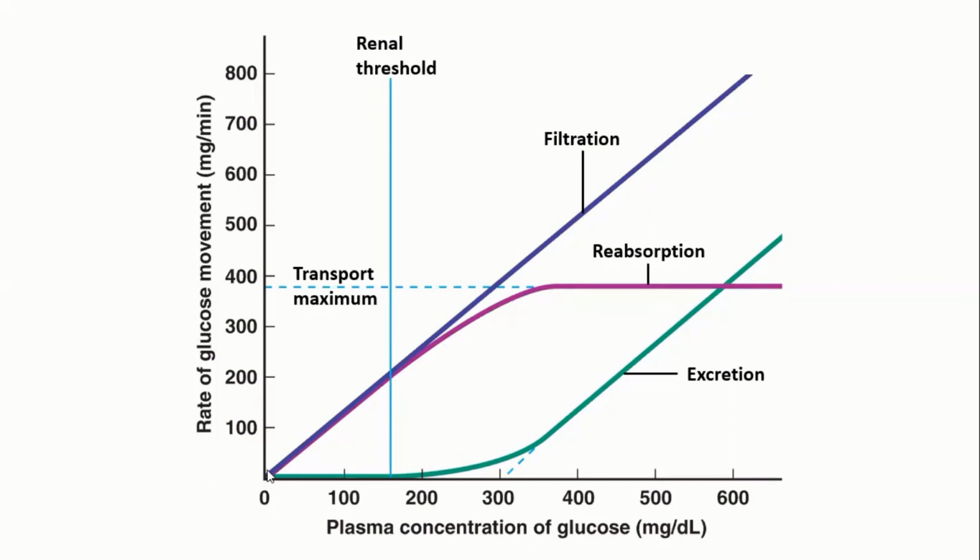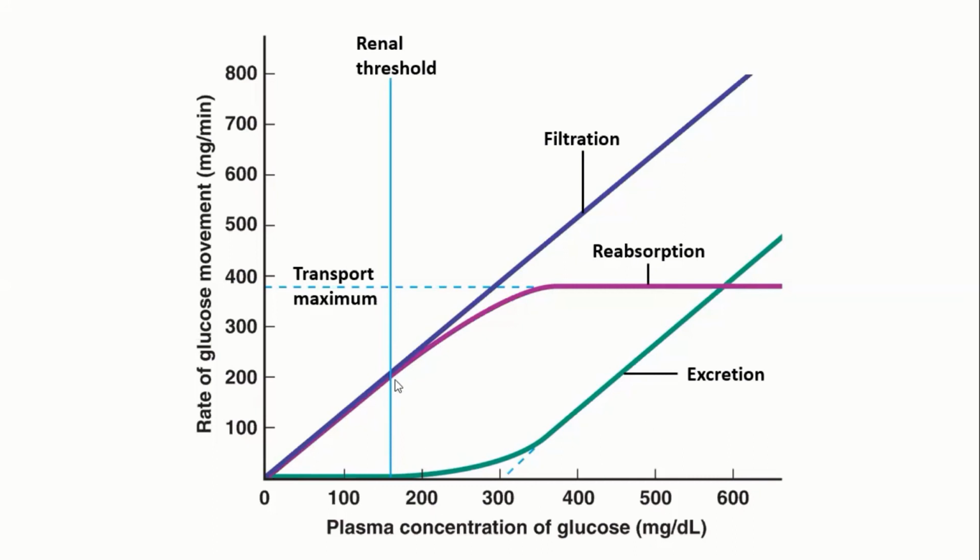To a certain extent, it also affects reabsorption. Under normal conditions, we have 100% of the glucose reabsorbed through that system we just looked at, the secondary active transport using sodium. So the renal threshold starts here at about 160 to 180. This is where we start to get saturation of those carrier proteins in the basolateral membrane.